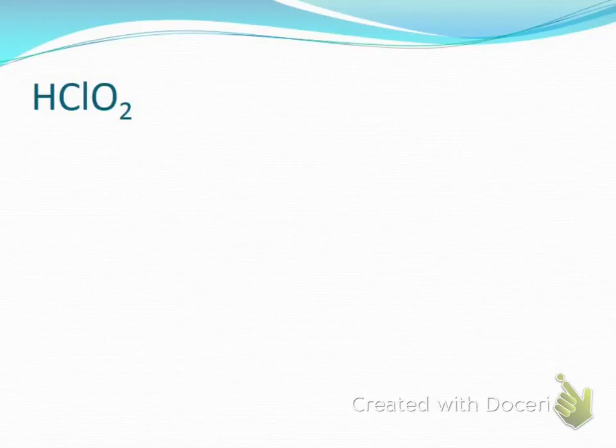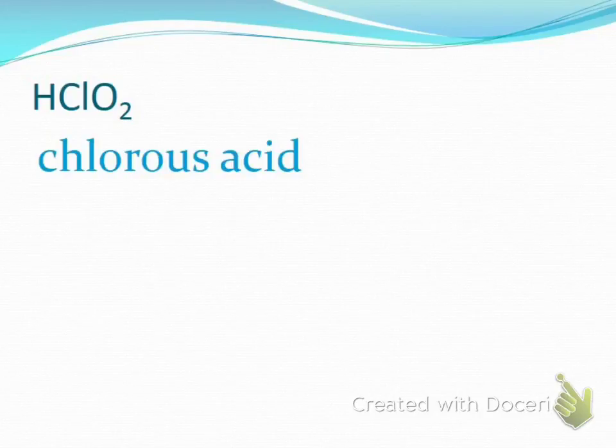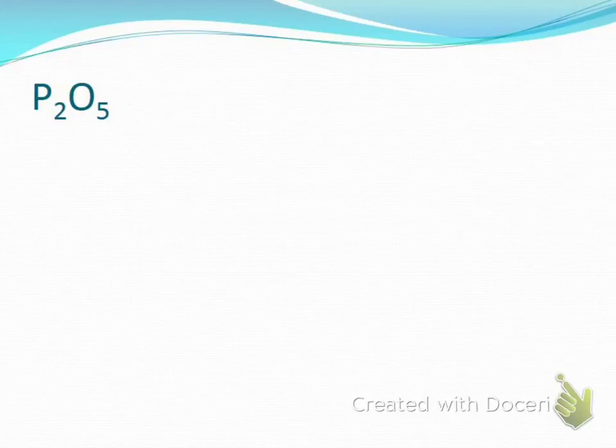What acid is this? It is not hydrochloric acid because it has oxygen, not chlorine. Oh yes, chlorous acid because it's coming from chlorite. And diphosphorus pentoxide, yes.